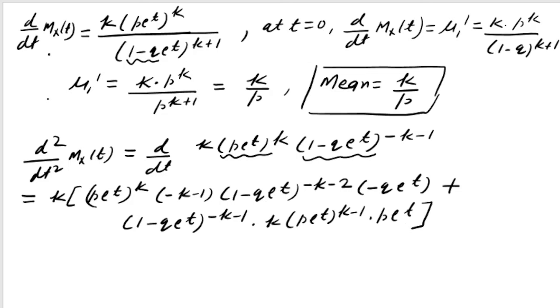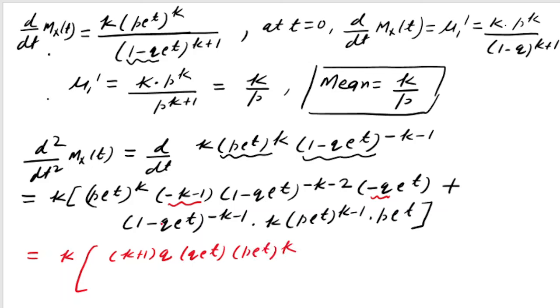Now let me change the color so that there is no confusion. So k is a constant, right? And if I look at the first term here, we have a minus q term and we have a minus k plus 1 term, so that will become minus minus plus. So I will get (k plus 1) into q, and we have p into e to the power t whole to the power k, right? And q e to the power t, so I write q e to the power t and then (p e to the power t) whole to the power k.